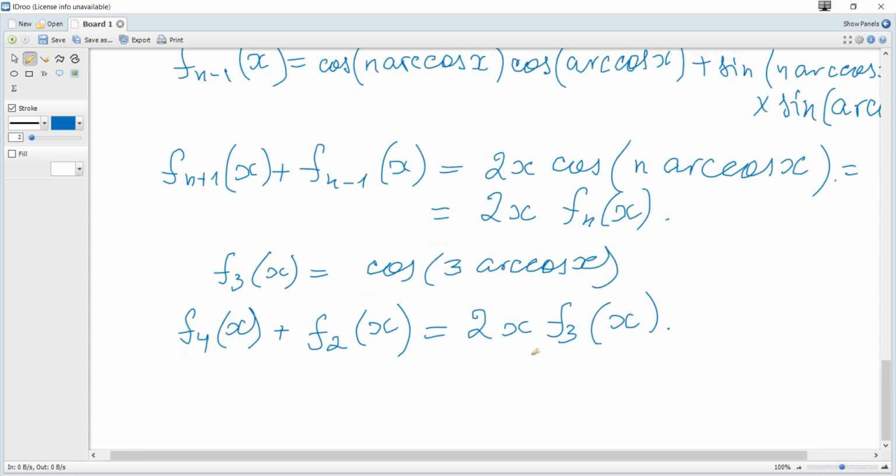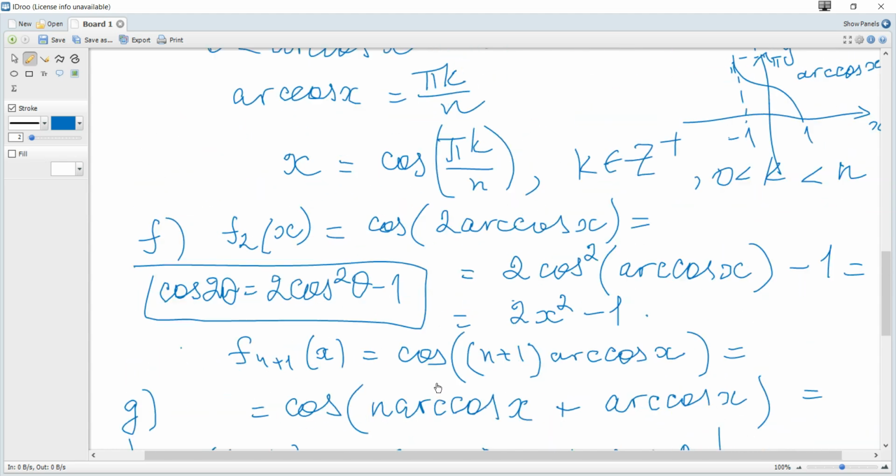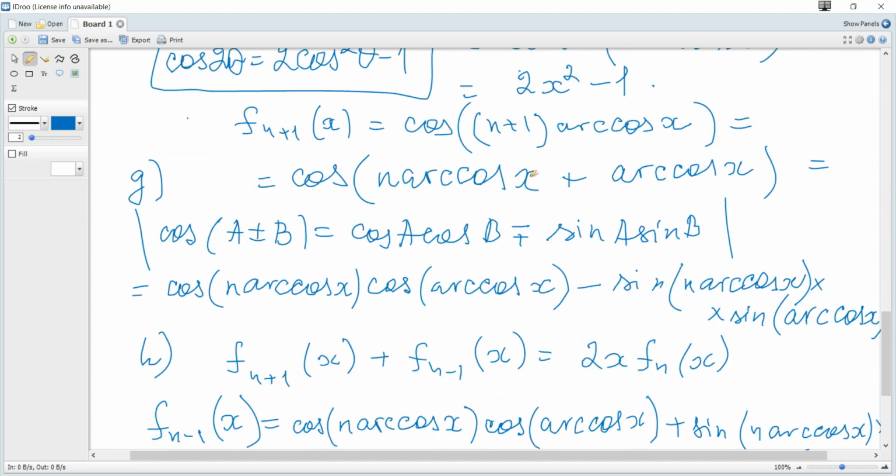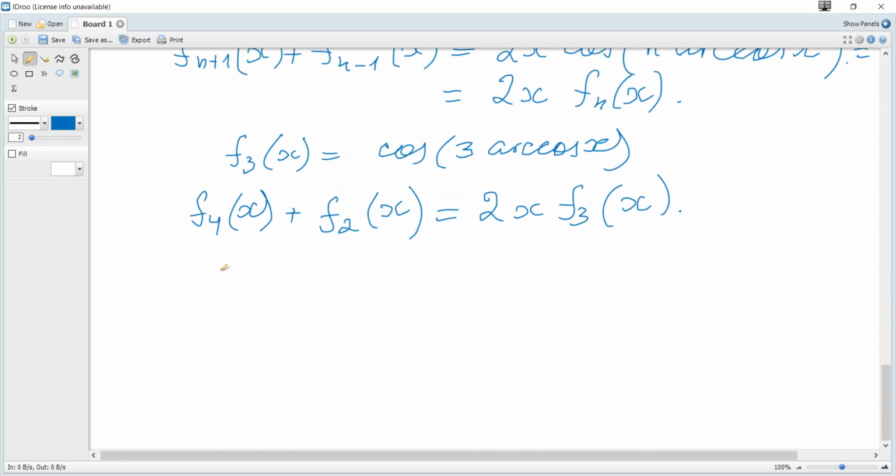So we need f2(x) and f4(x). f2(x), from the previous part, is 2x squared minus 1. So we need to find f4(x).